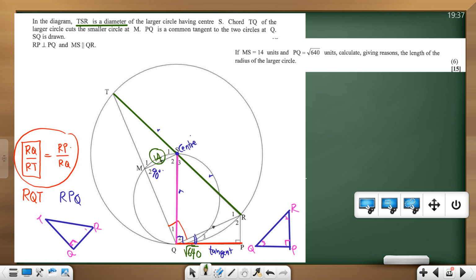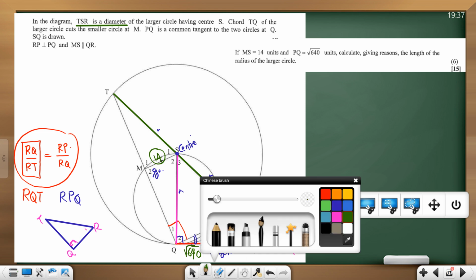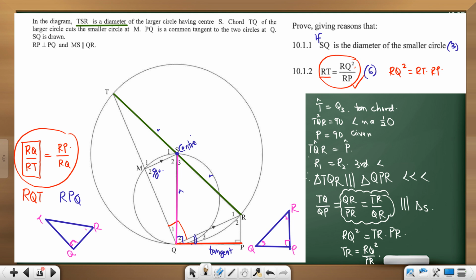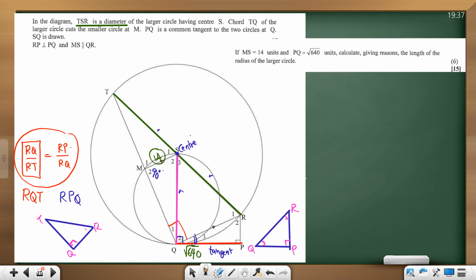But let's start from where we were. Where were we? What ratio did we have? Let's start from there. Let's see, will that help us? What do we have? RT equals RQ squared over PR. Let's write that down first. That might help us.